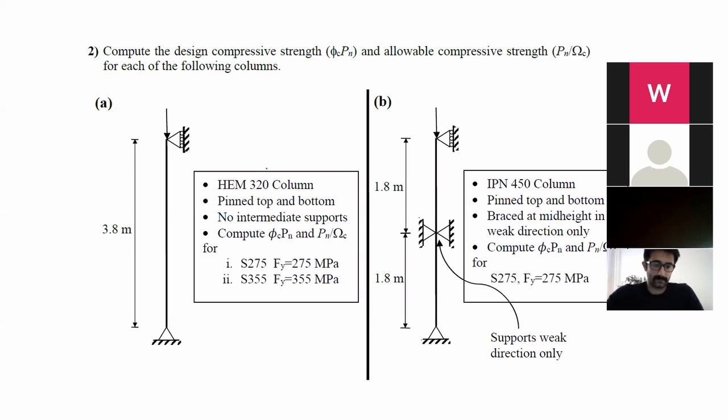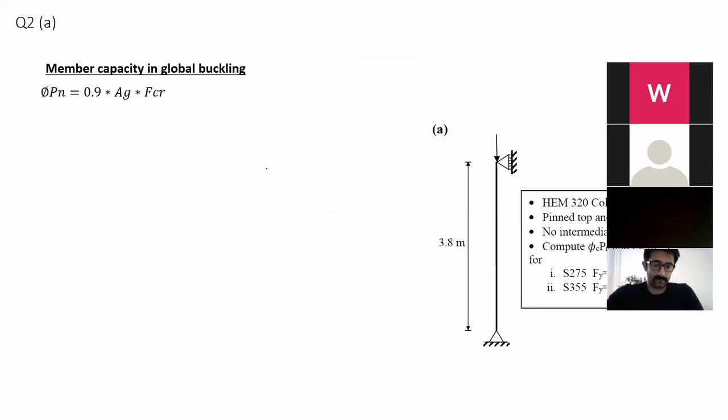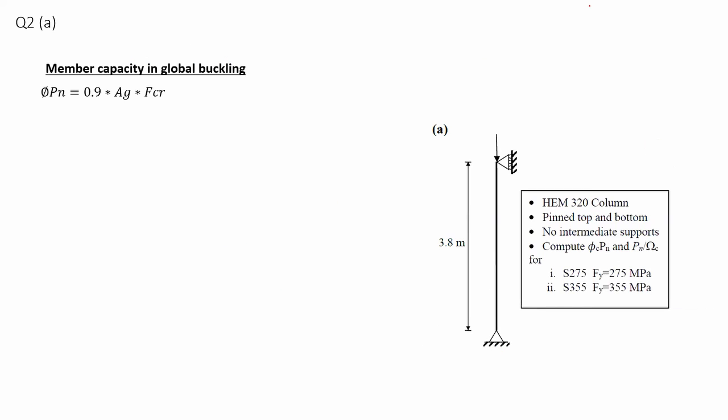So if we begin with part A of this problem, we have to find the member capacity in global buckling. Usually with steel columns, or members in compression, we don't really fear the failure in compression, but we fear the buckling.